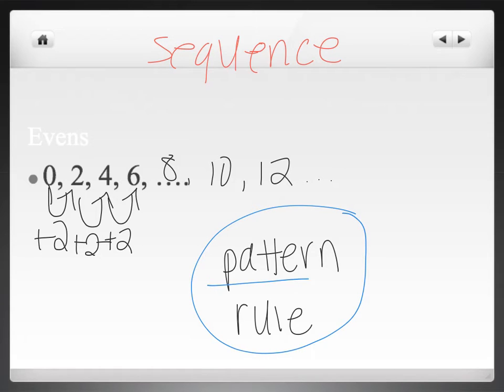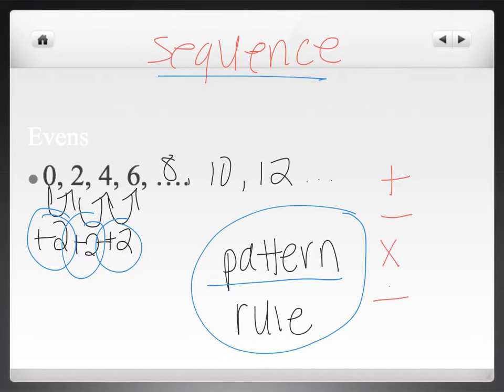Okay? So a pattern or a rule. It is what I am doing to the sequence of the numbers in order to get to the next number. So when we have a pattern or a rule, we can add, subtract, multiply, or divide. We can do any of these 4 operations in order to continue our sequence.